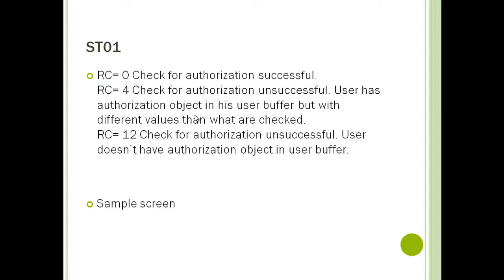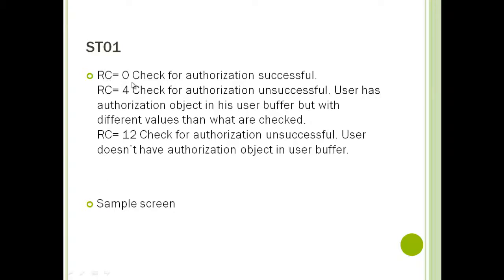Whether you have the authorization or you don't, using ST01 you can trace the entire transaction of a specific user: what steps each transaction code takes, what authorizations they have, what they don't have, everything. This will give you some outputs, including the return code, RC.